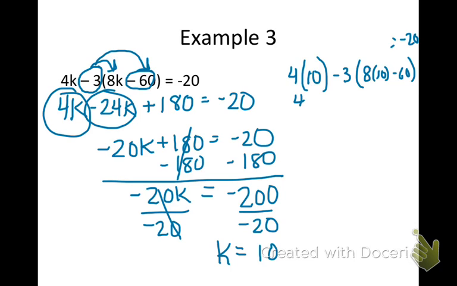So 40, and if we take 80 minus 60, we get 20. 3 times 20 is 60. 40 minus 60 is negative 20. And we've gone through the steps to see that our answer makes sense.